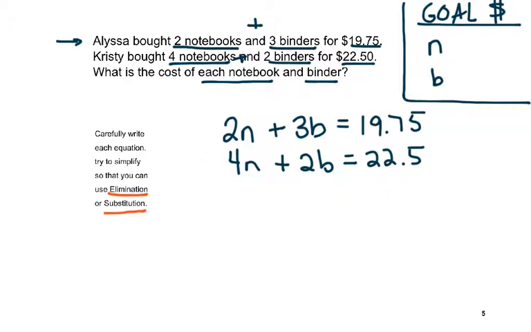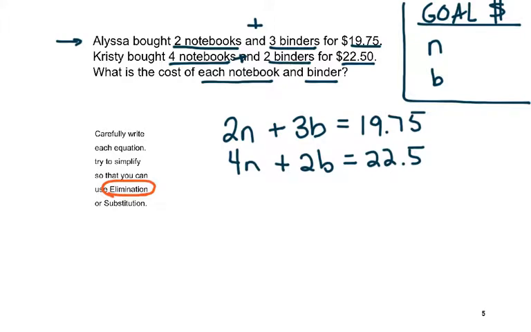There doesn't look like there's any substitution that I can do unless I solve for n on one side of the equation or b on one side of the equation, but it looks kind of messy. So I'm going to not do a substitution. I'm going to entertain the idea of elimination.